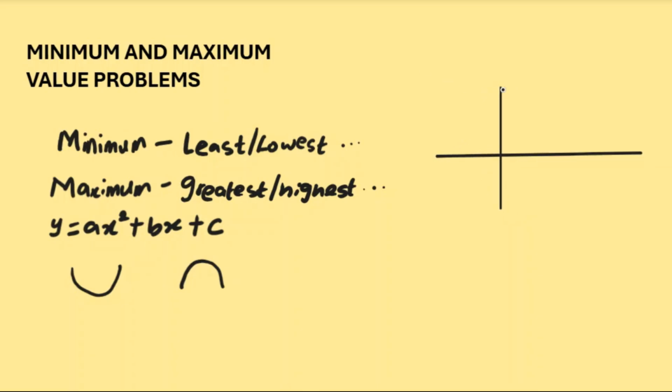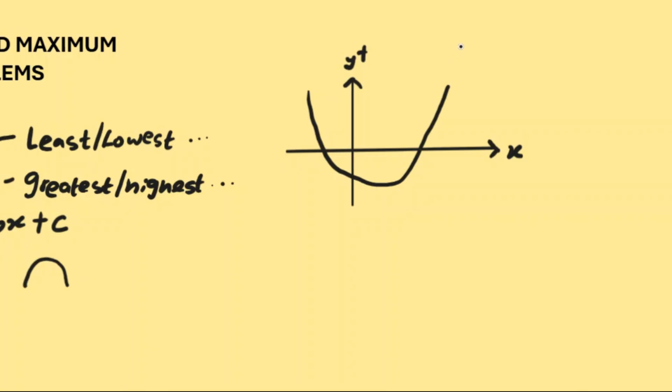Consider this graph, with this as our y-axis and this as our x-axis. If we have a U-shaped parabola, the graph goes in this form. For you to have a U-shaped parabola in a quadratic equation, you know that your a is going to be greater than 0, which means a is a positive number.